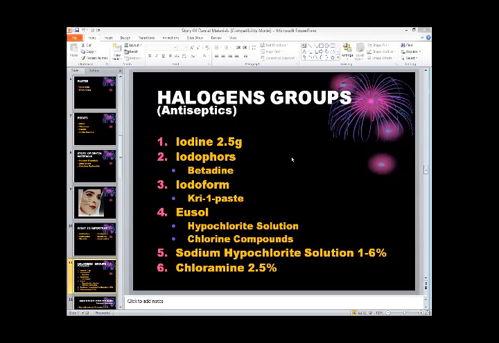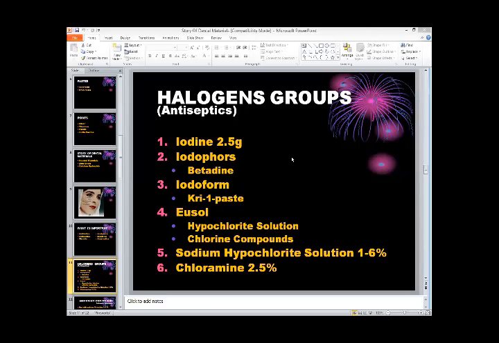This chloramine we use at 2 to 5% in endodontic irrigation or disinfection of our water tanks or other instruments. All these compounds we can use for disinfection of instruments, cabinets and floors.